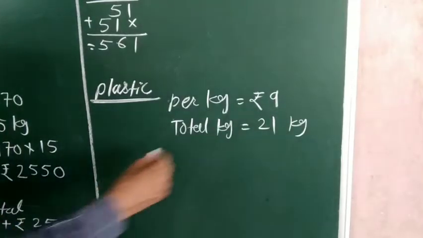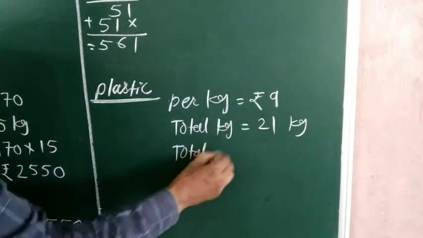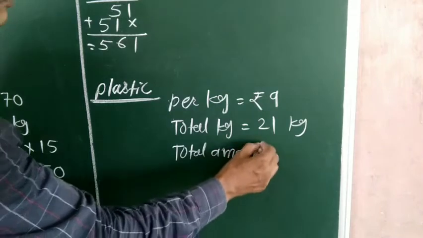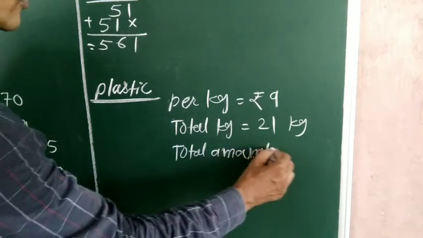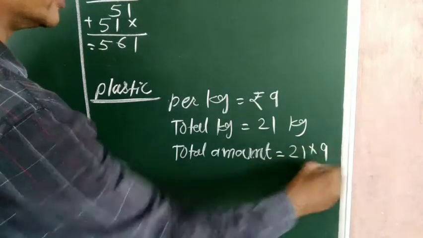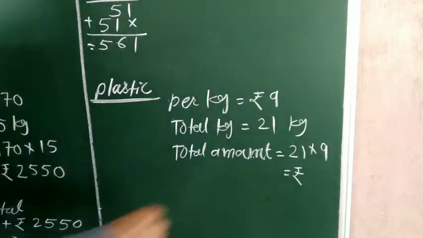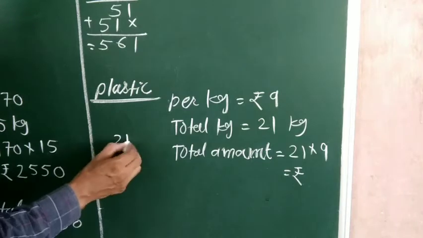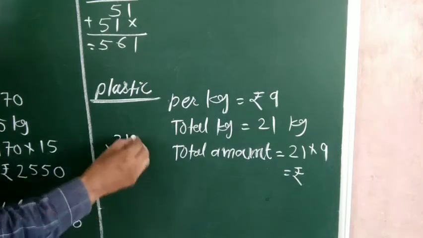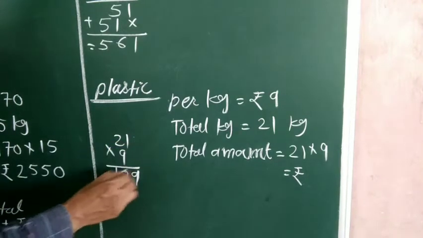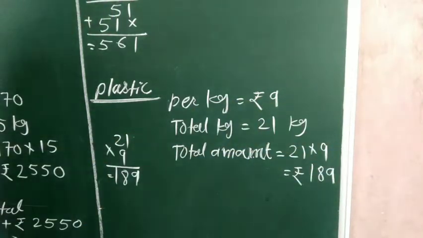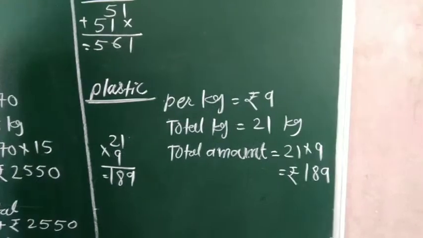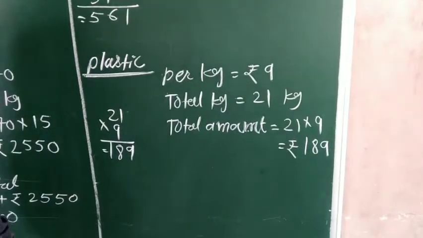Then total amount is 21 into 9. Multiply it now. See 21 into 9. 9 ones are 9, 9 twos are 18. It is rupees 189. Okay.